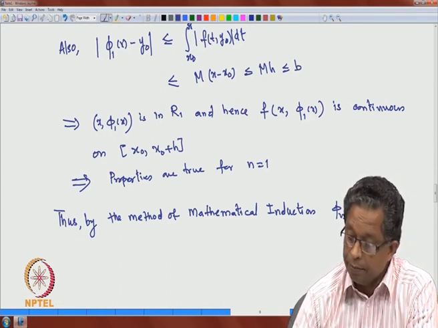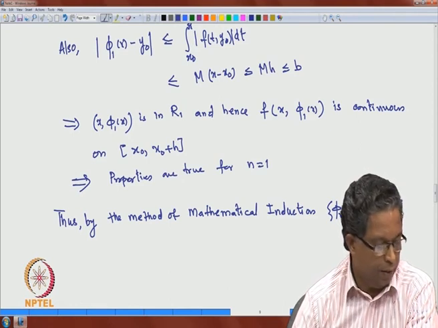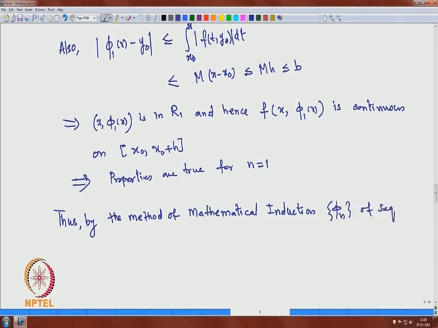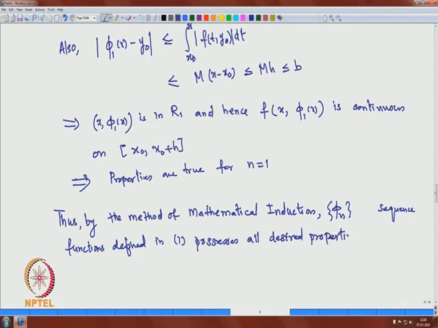the sequence of functions phi n defined by the Picard's iterants possesses all the desired properties in the interval x 0 plus h.